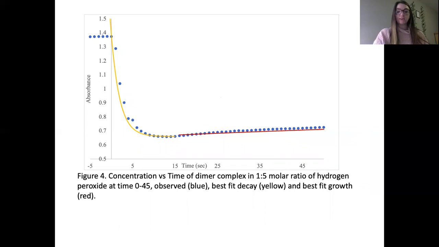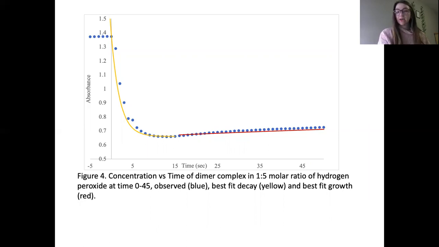The blue is our observed data from the UV-vis, and the yellow here is our decay function. This is the chromium 2 plus being oxidized in solution. And this other part, this exponential growth here, is the second unknown reaction that's occurring.